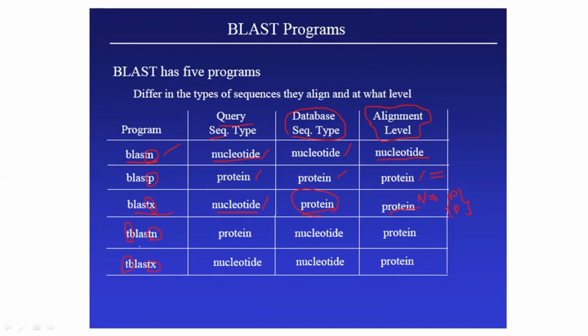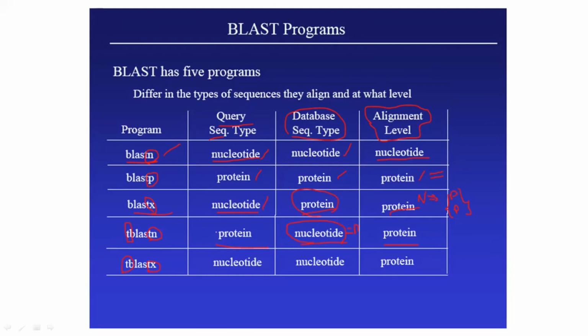In case of TBLASTN, translated BLASTN, a protein is compared to the nucleotide database, and alignment is done at the protein level. Here the database nucleotide sequence is translated to protein, and this protein sequence is aligned.